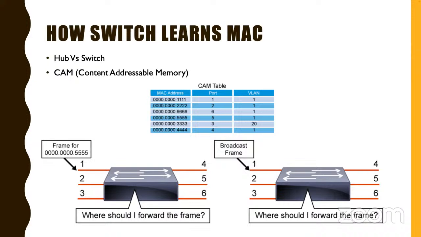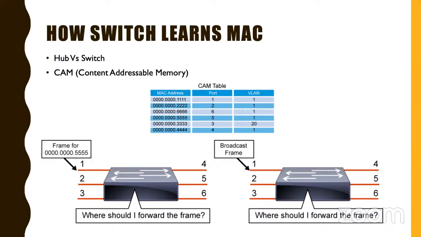That means a hub can only work in half duplex mode. If two hosts send data at the same time, a collision will occur, because all the ports within a hub are in a single collision domain. Just like we are all in a single Zoom meeting, only one of us can talk at a time. Right?